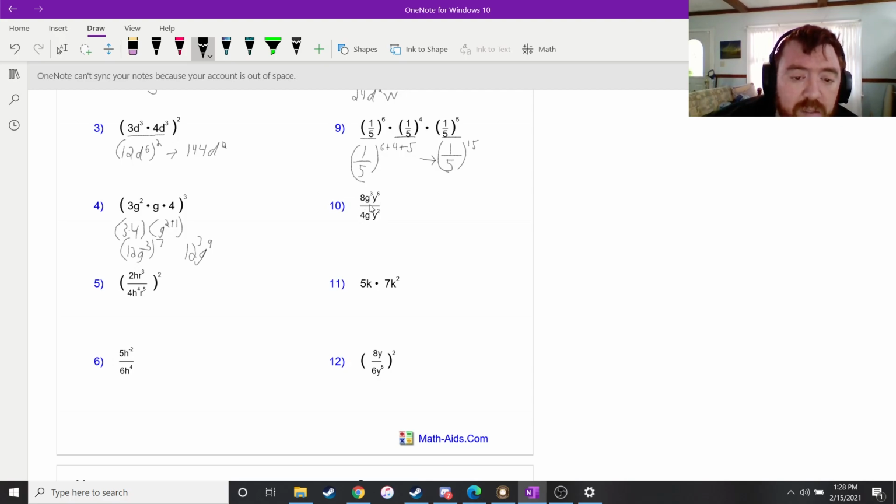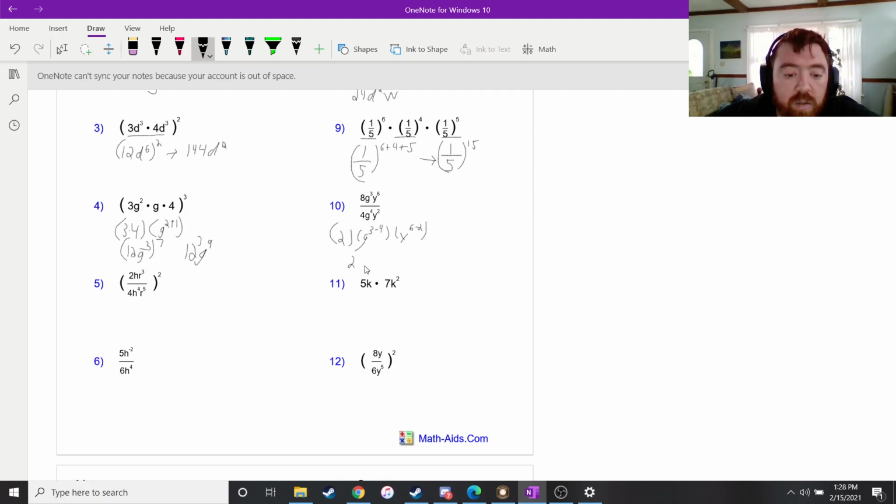Alright, let's do this. I always try to put everything on top first, and then at the end I'll switch things around with the negatives. So we're going to do 8 divided by 4, which is 2. Then multiply that by g to the 3 minus 4. y to the 6 minus 2.